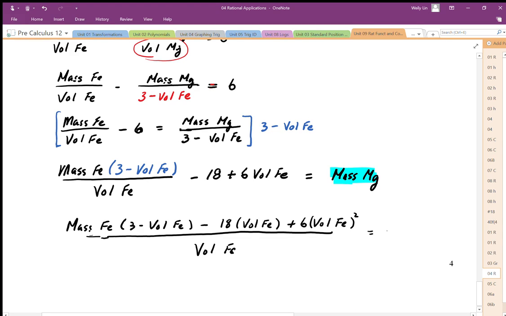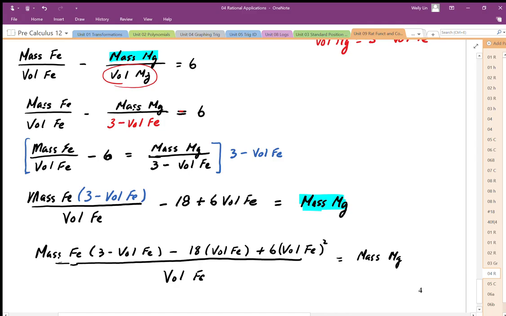And that's equal to the mass of magnesium. So this is just an exercise of keeping track of a lot of different terms in a rational expression.